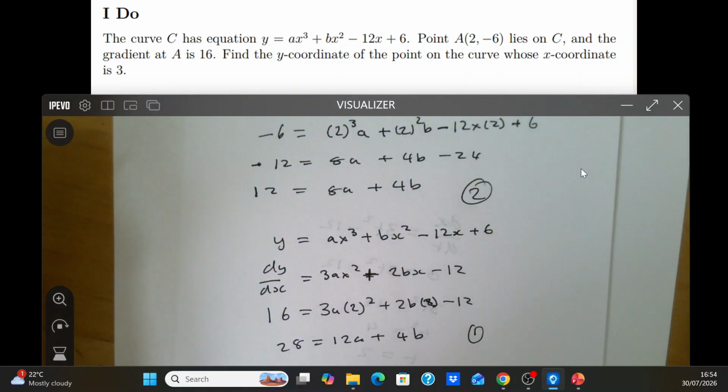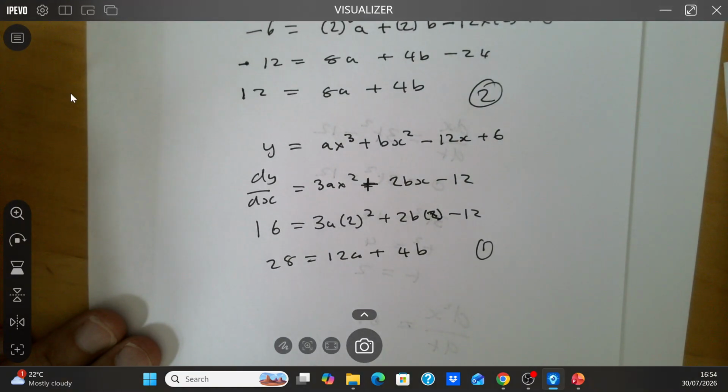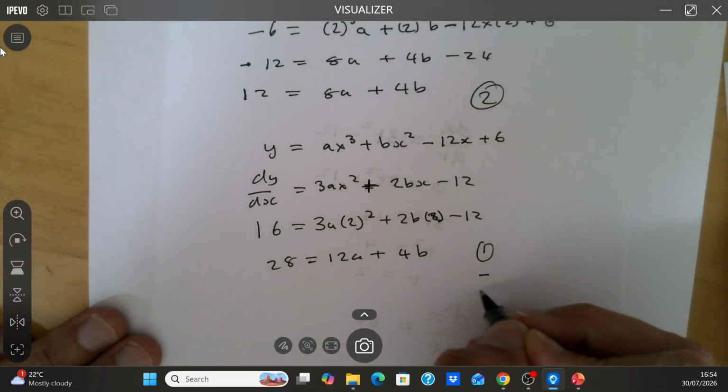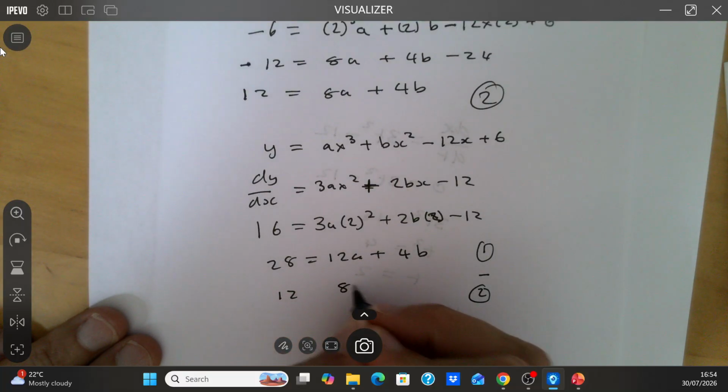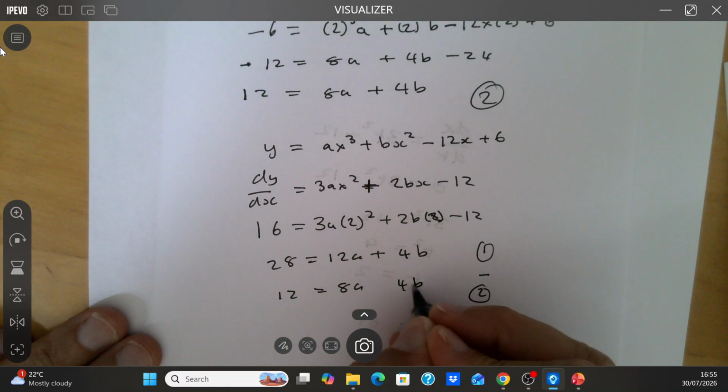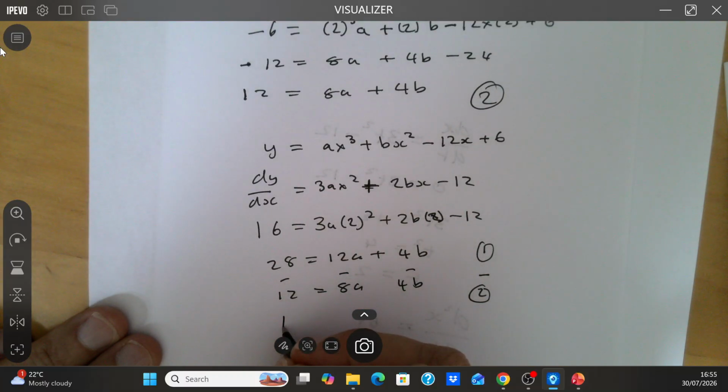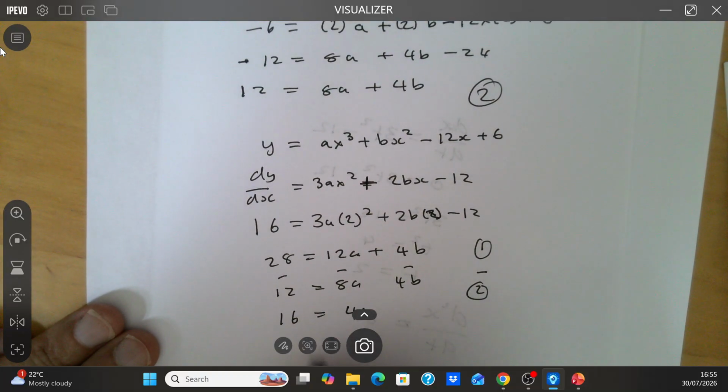Using my simultaneous equations, I am going to do 1 take 2. That's 12. That's 8. That's 4. So 16 equals 4A. So A is 16 divided by 4, which is 4.